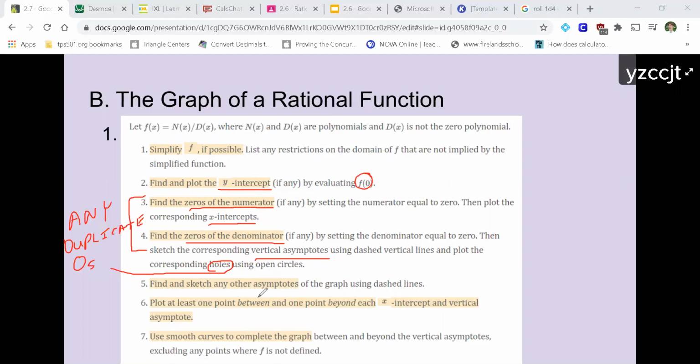What that means is horizontal and slant asymptotes. That's what we mean by the other asymptotes. There are 3 types of asymptotes, 2 of which you already know how to do. Vertical, right, we just talked about. Horizontal is you compare the degrees. Slant is the new one, which we'll talk about later in the lesson.